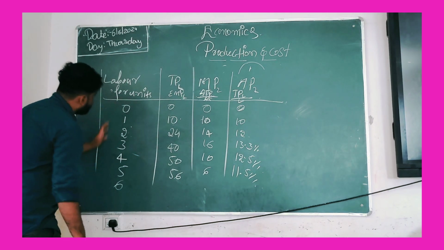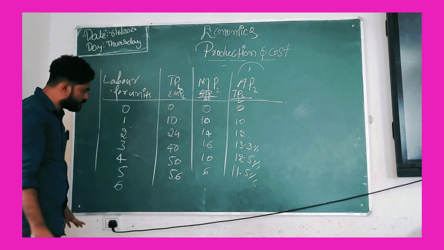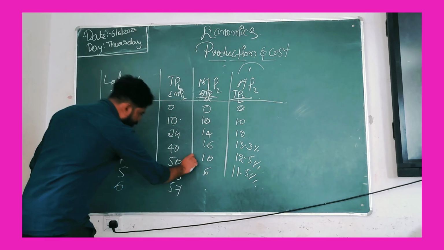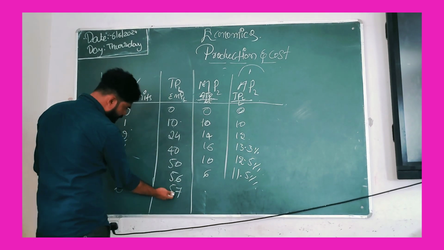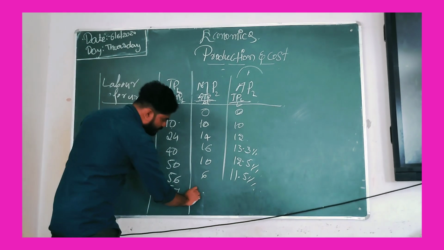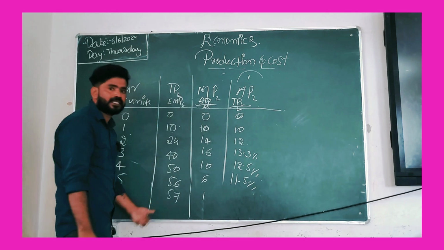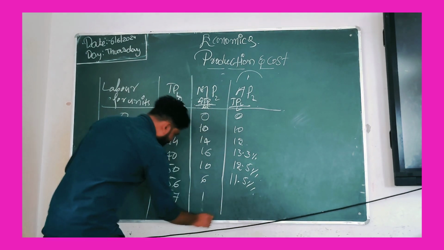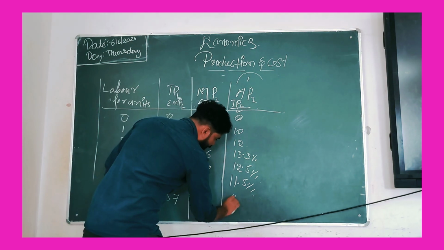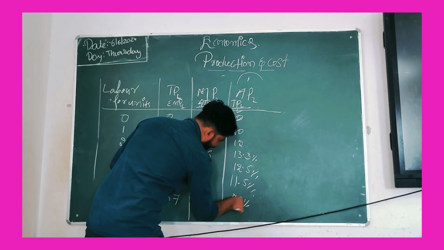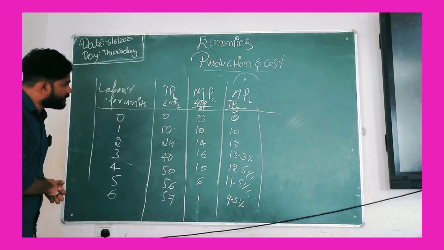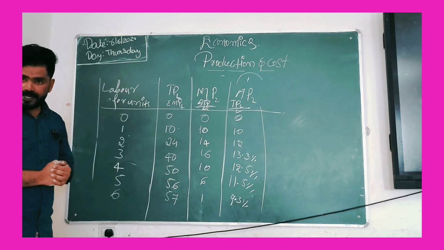Next, 6 units of labor, and the total product is 57. Here 57 minus 56 is 1, and 57 divided by 6 is 9.5. This is how we find the marginal, average and total product.